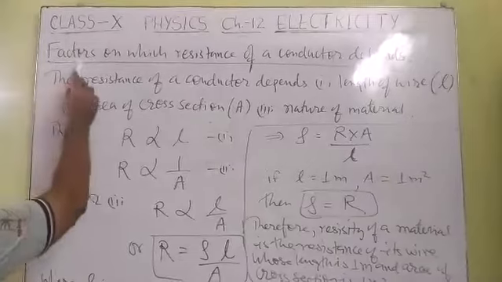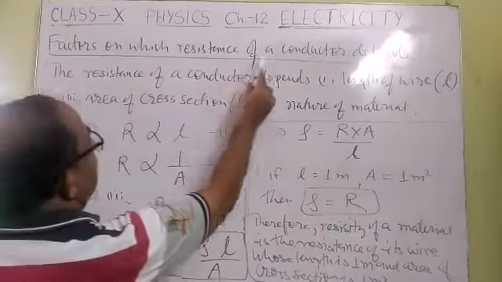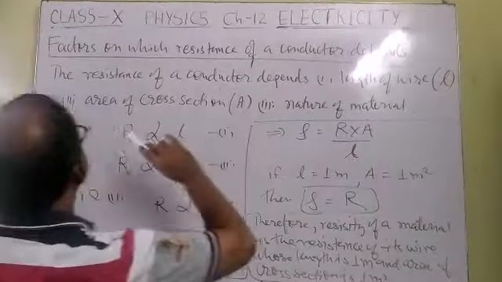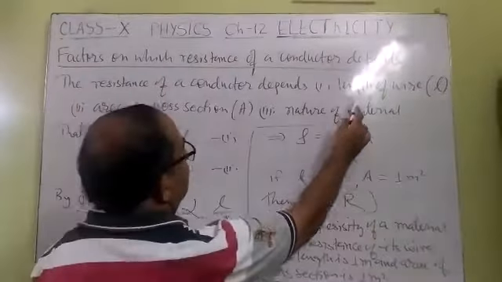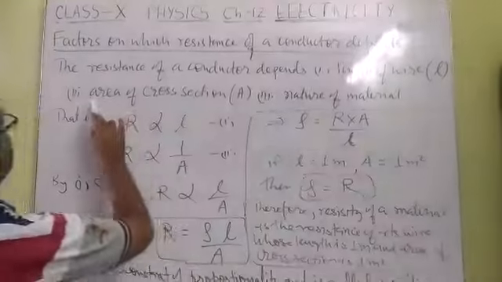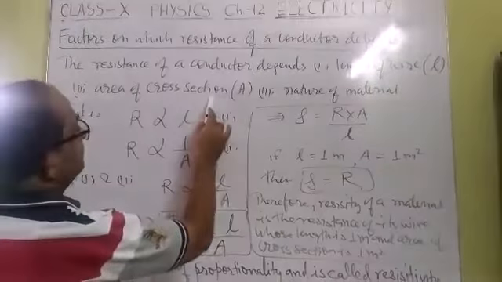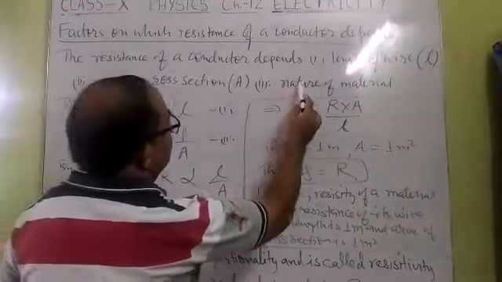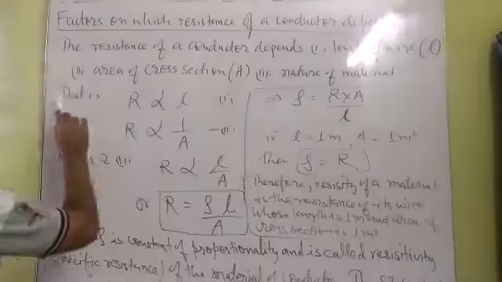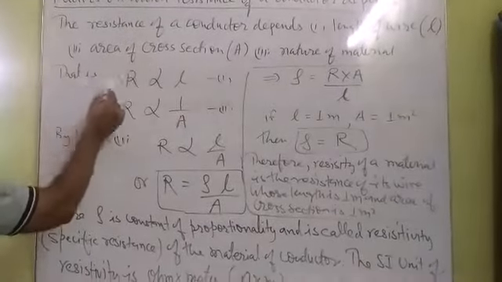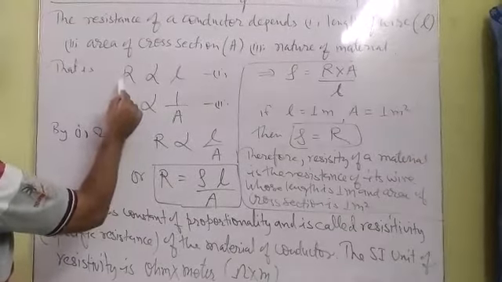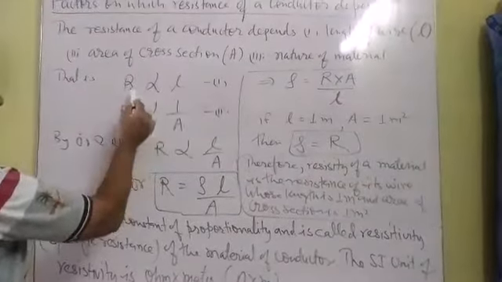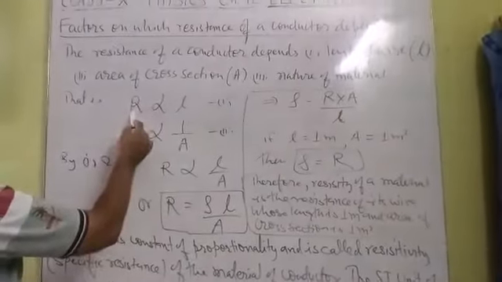Now we shall discuss the factors on which the resistance of a conductor depends. The resistance of a conductor depends first on the length of the wire, second on the area of cross section, and third on the nature of its material. We can conclude in mathematical form that R, the symbol of resistance, is proportional to L, meaning the more the length of the wire, the more the resistance.